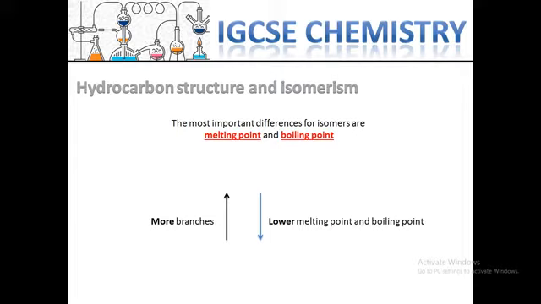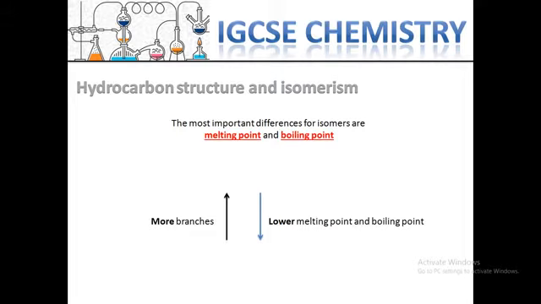Okay, there are many similarities between isomers, but the most important difference, which is very obvious and by which you can identify isomers, is based on melting point and boiling point. There is one rule that you need to keep in mind: more branches means lower melting point and boiling point.